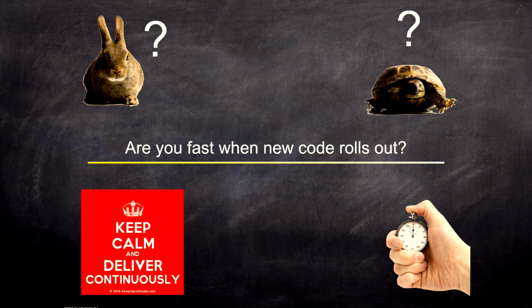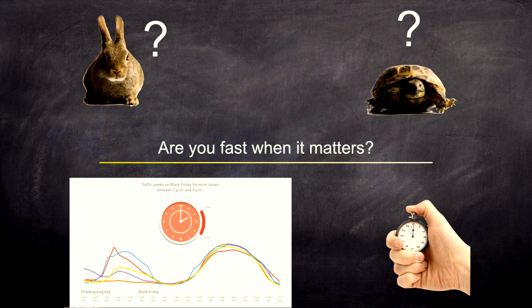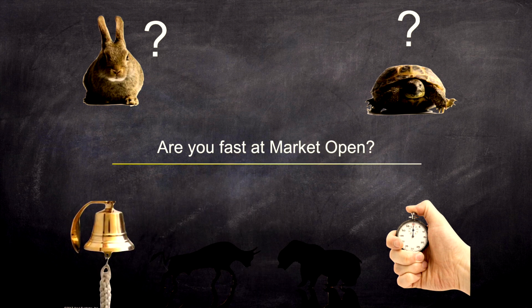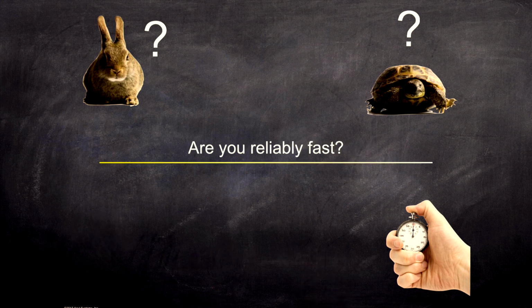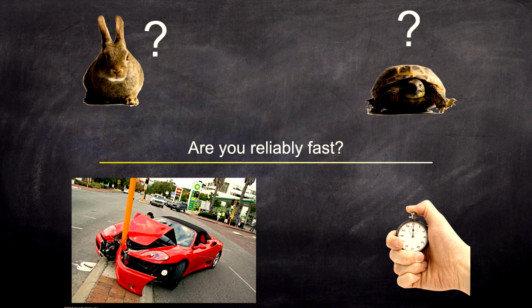Are you fast even then? Or are you fast all the time, or just when there's not a lot of load? Can you survive a Black Friday or a marketing event or a news event? Are you fast when the market opens, when things actually matter and volatility is high? And are you reliably fast, or if you run fast for a while, this happens? Right? These are all questions about speed that go beyond what the number is. It's the behavior of speed.